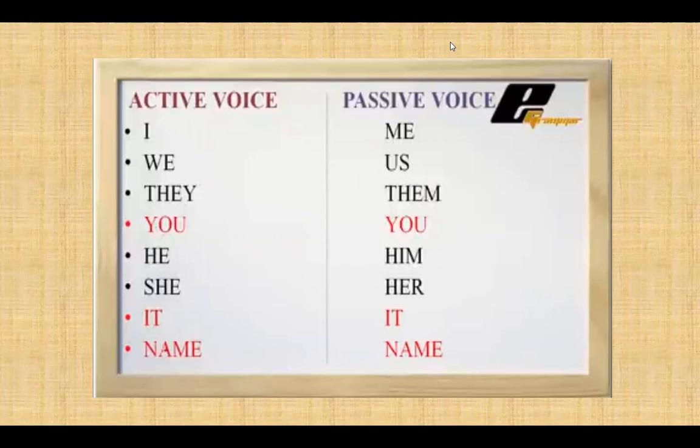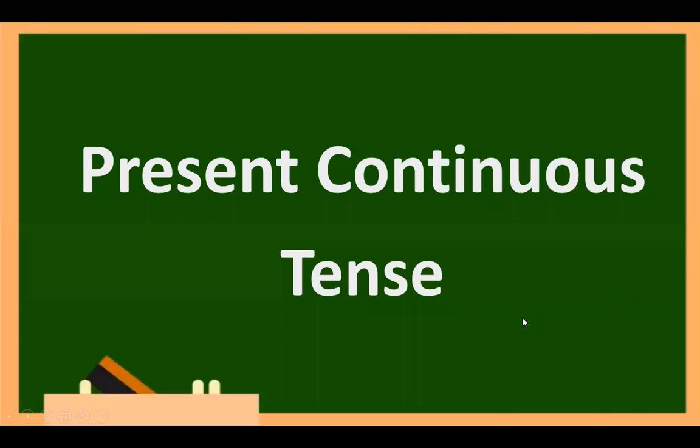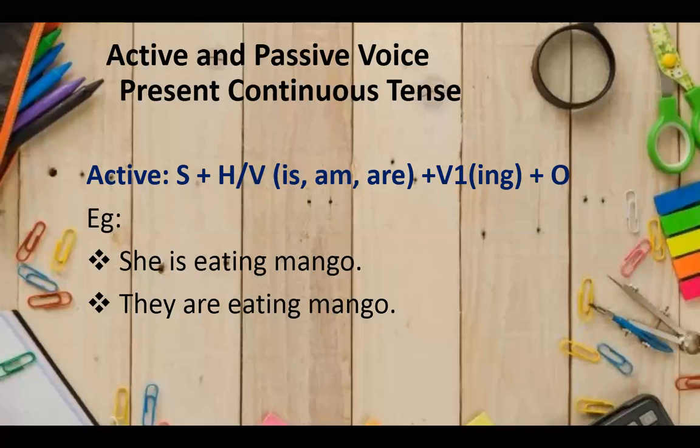Very nice. Okay, so I am going to start the present continuous tense. Here is the structure for present continuous tense, meaning the structure for active voice. Active voice: subject plus helping verb plus v1 with ing plus object.